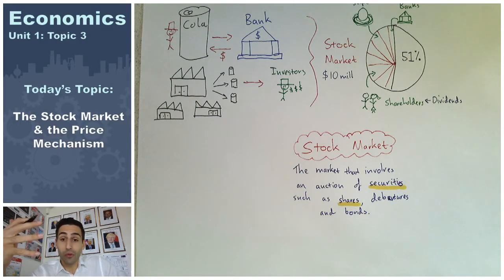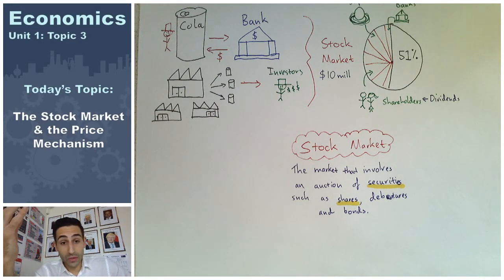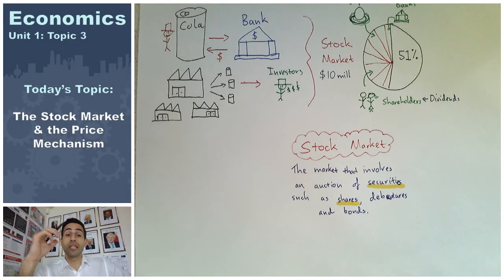Now, it makes sense that we have a central place or a central market to buy and sell all these. You know, it's our stock market. Then we have debentures and bonds. I'm just going to skip to bonds. You can have treasury bonds, but you can also have corporate bonds. Briefly, a treasury bond is where the investor buys a bond from the government.